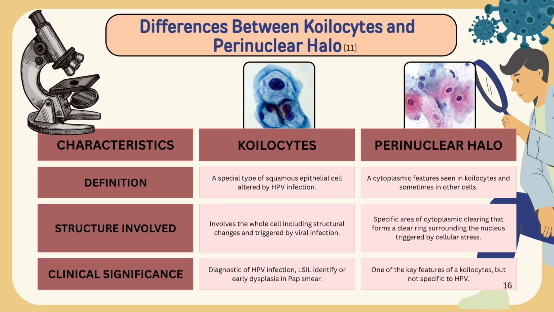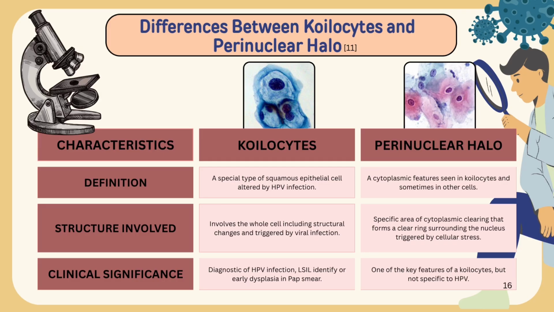Second, for the structure involved, in koilocytes, the whole cell is involved, including structural changes triggered by viral infection, while in the perinuclear halo, there is just a specific area of cytoplasmic clearing that forms a clear ring surrounding the nucleus, triggered by cellular stress. And lastly, clinical significance.